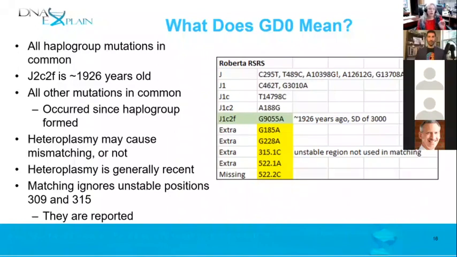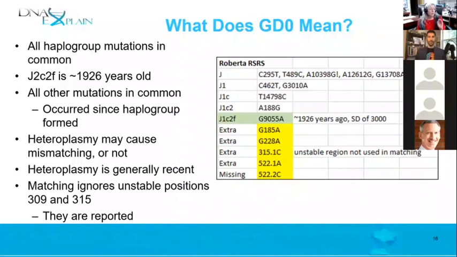So a GD of 0 means that everybody that has that GD of 0 matches me on every single one of those locations. And they don't have any mutations I don't have, and I don't have any mutations they don't have. We're an exact match. So those are interesting because I want to look at where their ancestors were from and what time frame to see if I can find out more information about my ancestors.